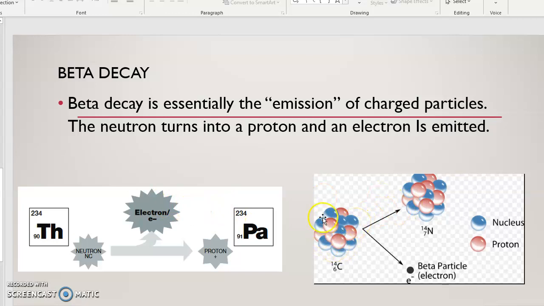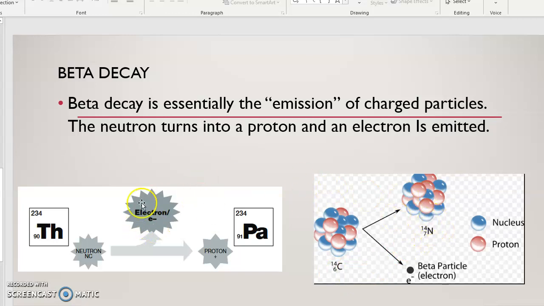What's happening is you are changing one of your neutrons into a proton, okay? And remember, your protons are what make you the element that you are. So if this carbon had 6 protons, and one of its neutrons turned into a proton, then our number changes here. The 6 turns into a 7 because now I have 7 protons, which means I have a new element.